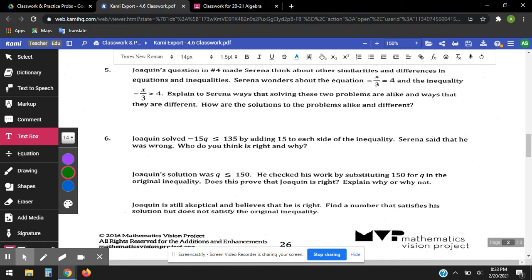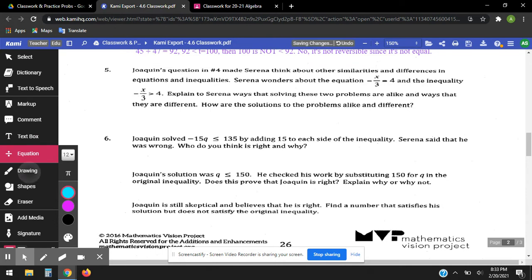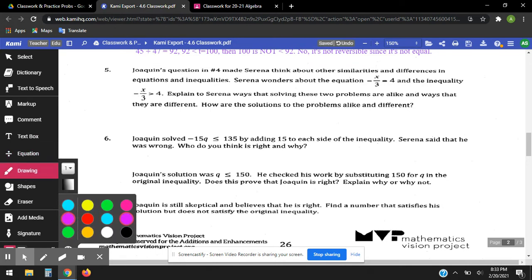Well, if we solve the first one, negative x over 3 equals 4, first we're going to multiply by negative 3, times negative 3.